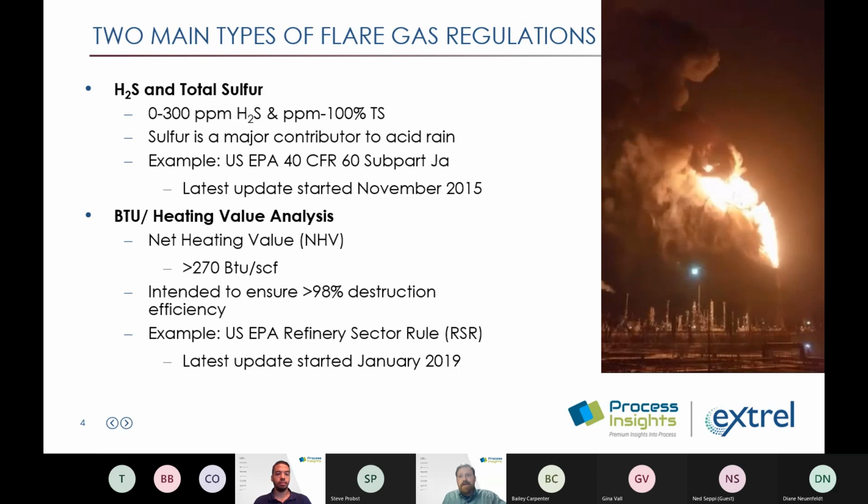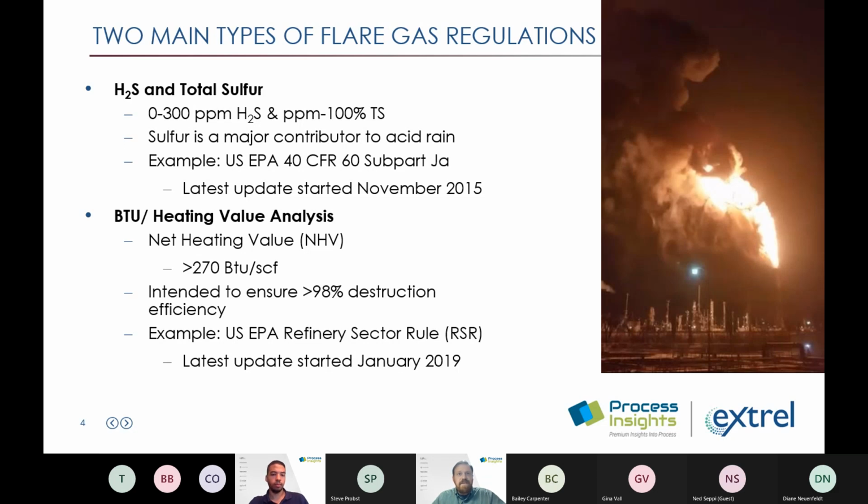And really, we'll talk a bit about the scope and the different types of regulations that are out there, but most of them fall into two main categories. And I've got a description of those categories here. The first category up at the top are rules that relate to the amount of sulfur containing compounds that are headed to the flare.